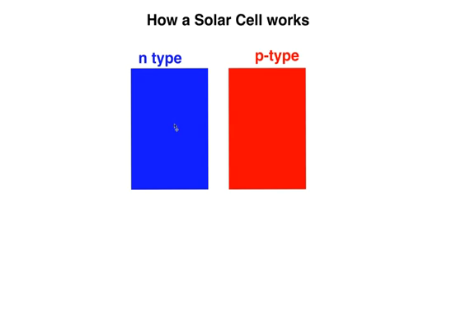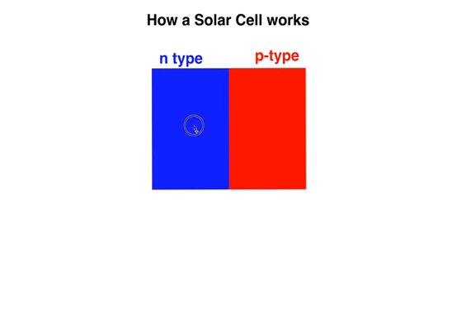So what happens, of course, is when we stick these two together like this, something strange happens. And what happens here is called the depletion zone. Now let me explain briefly what this depletion zone actually is. As you know, we've got electrons here that are in the conduction band.